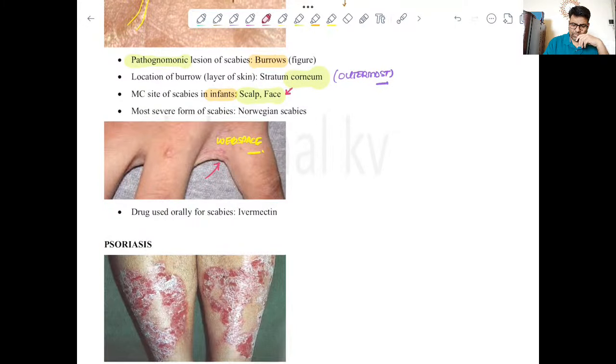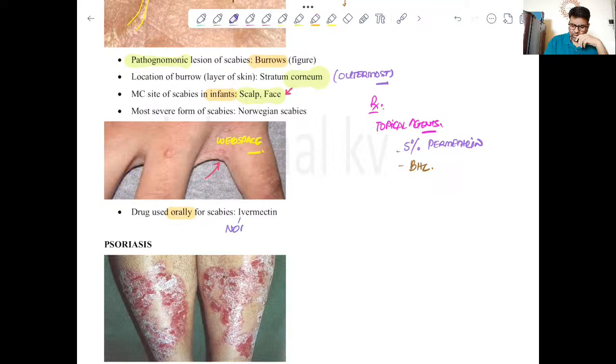Now treatment-wise, treatment is with topical agents. Clear? So this is 5% permethrin or BHC. Clear? There is one oral drug, but remember this is not the drug of choice, right?